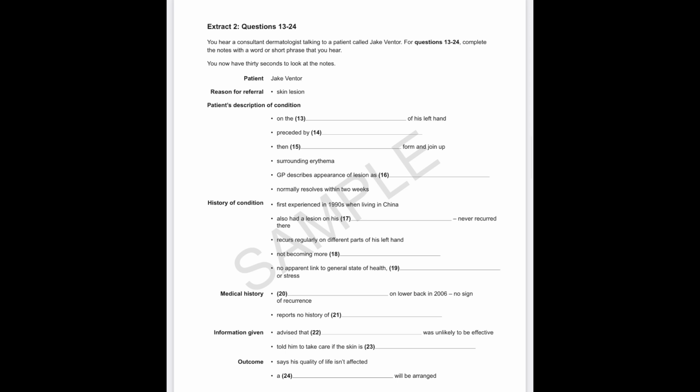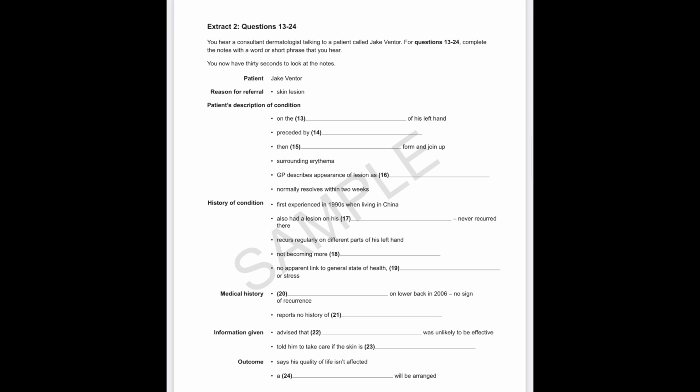OK. I've been getting it for years. I actually got it the first time when I was in China in the 1990s. I had a job there for a couple of years before I came back here. That first time, I also had a similar sore on my chest, but that's never come back. But the one on my hand, that comes back every year or so, but never in exactly the same place.